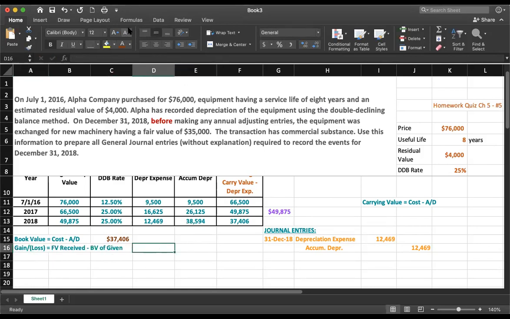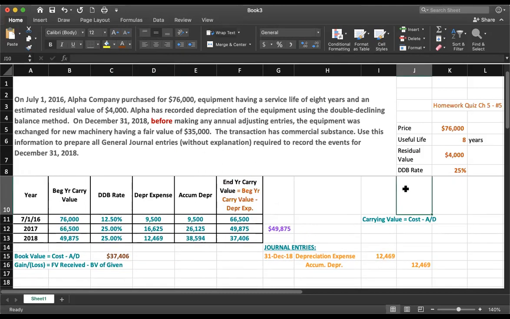And note here that the fair market value of what was received, it was this machine that had a fair value of $35,000. So let me add in here the fair value of the machinery received, and they tell us that it was $35,000. So now we can figure out, was there a gain or a loss?